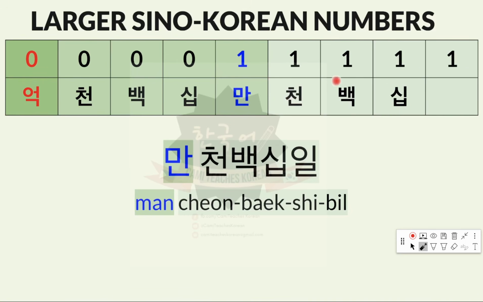For bek, again, when it's 1, no need to put il again. So, chon bek. For ship, it's just ship. And 11 is il, so shibil. So, man, chon bek shibil. 11,111: man, chon bek shibil.